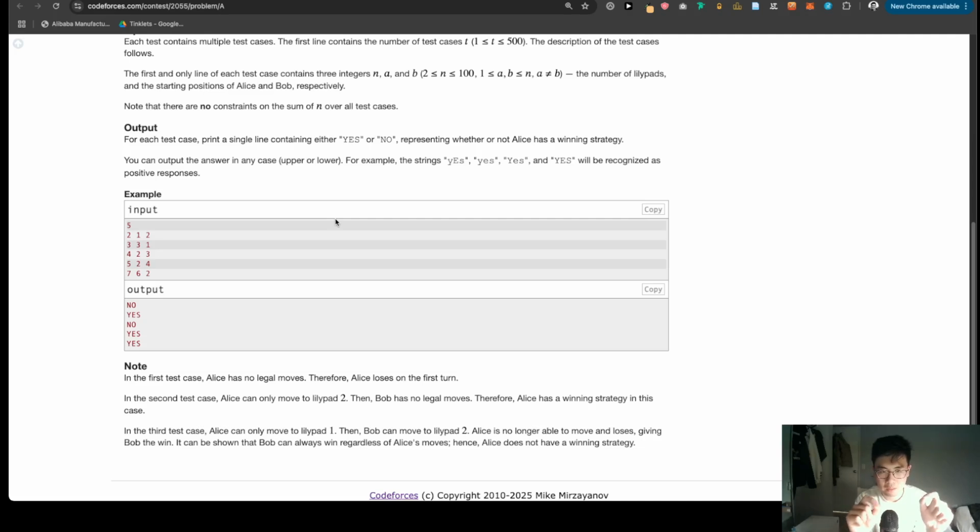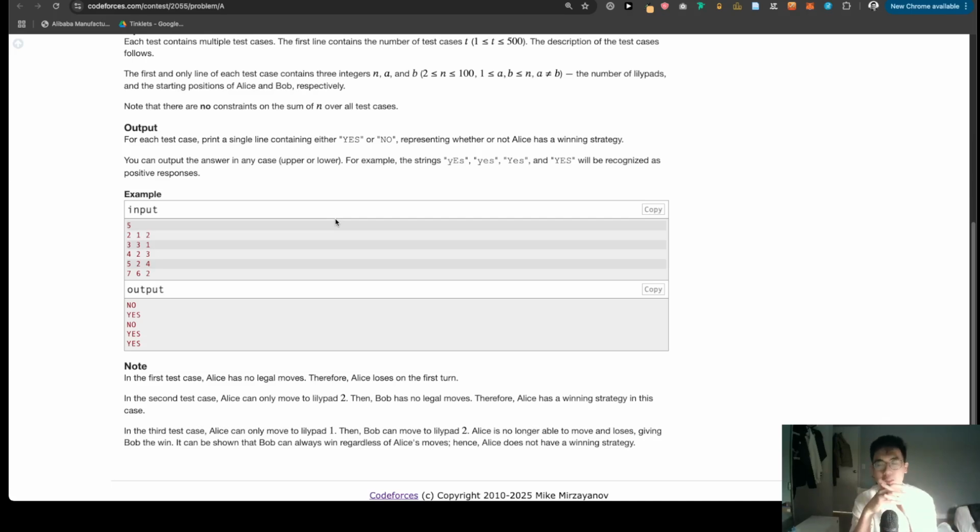If it's even, and like odd, odd, even, that doesn't work for Bob, so Bob might go away. But then Alice will just chase. So it becomes even, odd, even, odd, even, odd, right?